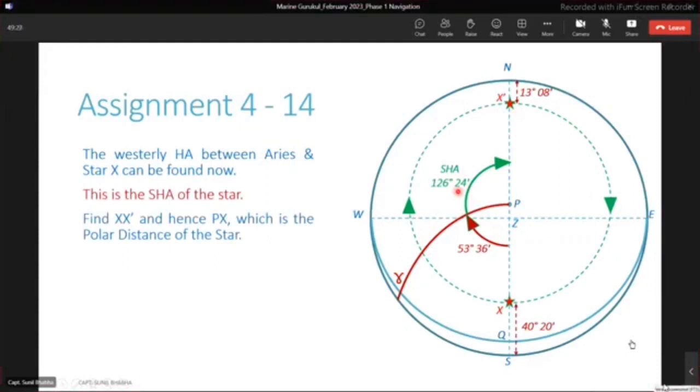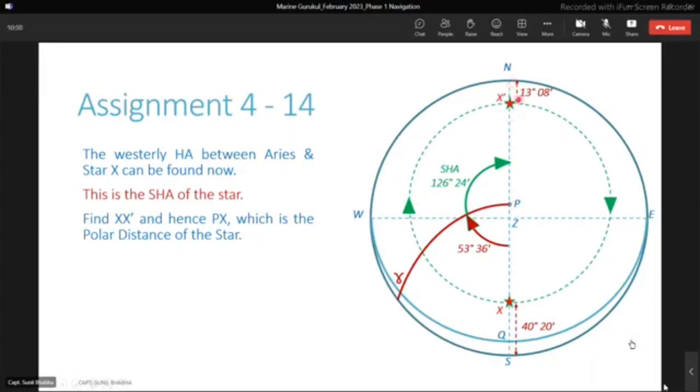Now you see we have this NX dash arc known to us. It is 13 degrees 08 minutes. We have the SX arc also known to us. It is 40 degrees 20 minutes. And we are aware that from point S to Z is 90 degrees. Z to N is again 90 degrees. So this total N to S is 180 degrees.